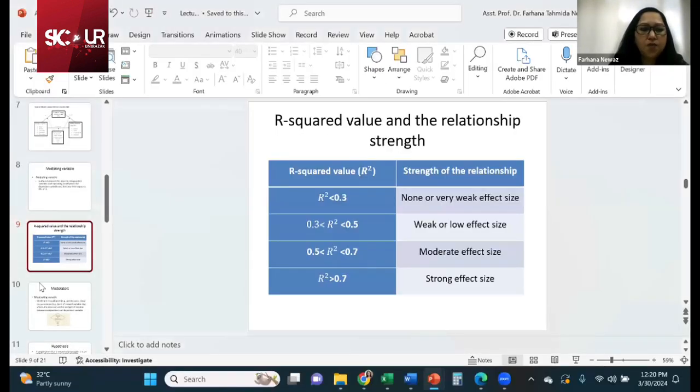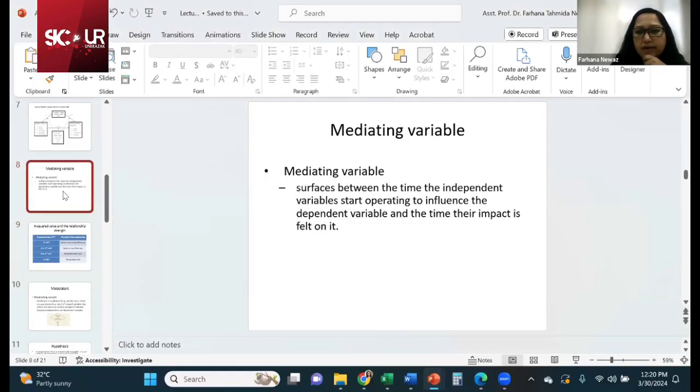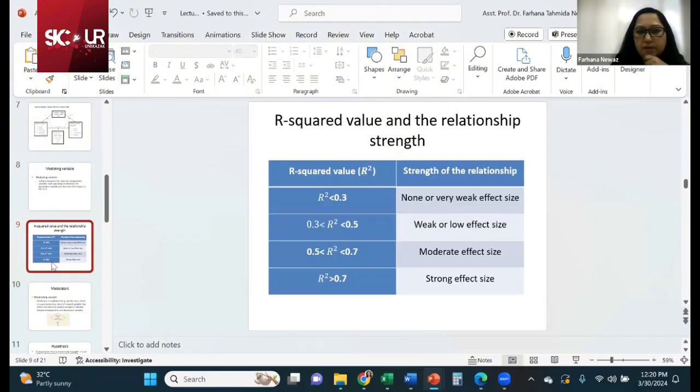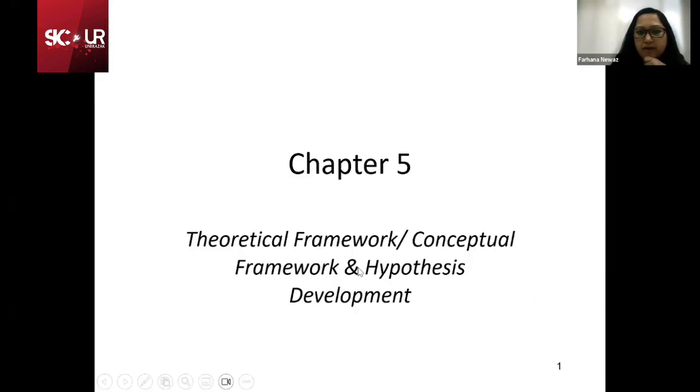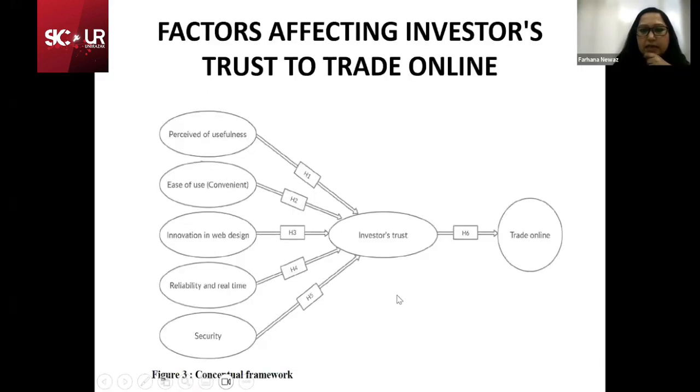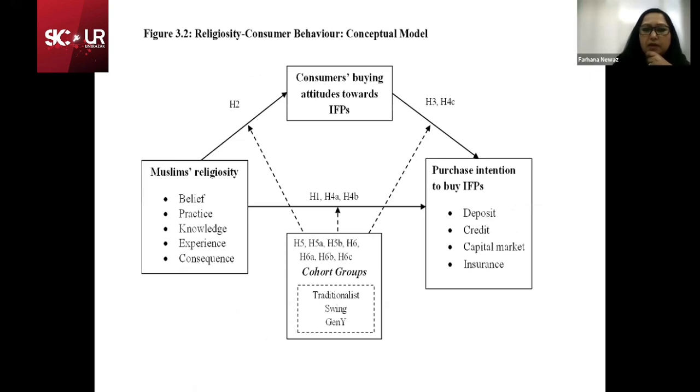Okay, then going for moderating variable, mediating variable, done, right? For a moderating variable, you can simply say that maybe for traditionalist, the result is like 0.5. So you can say the strength of the relationship for the traditionalist group for these two variables is moderate.